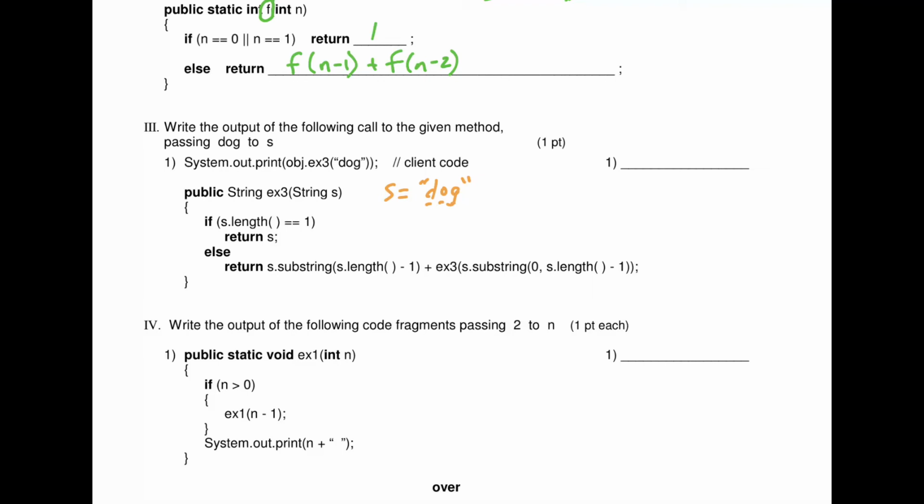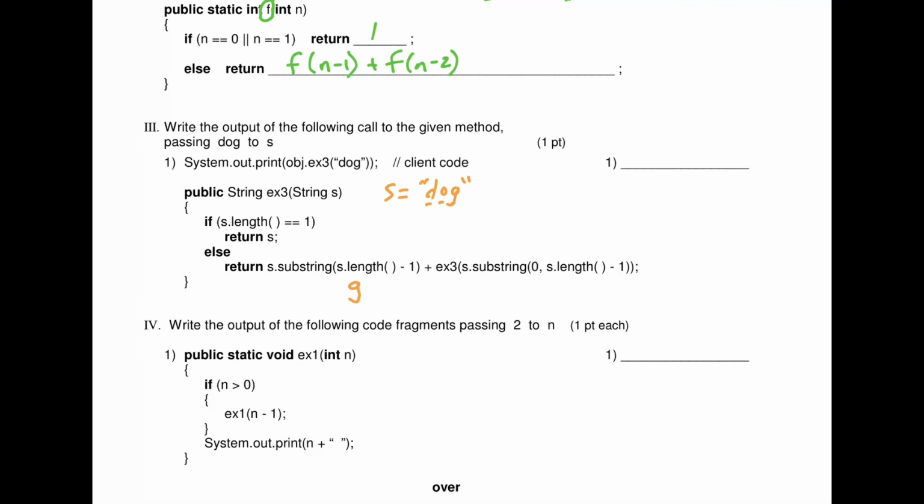So the length is going to be 3. So 3 minus 1 would be 2. Plus the substring of 0 to s.length minus 1. So this first part is going to return the g, right? s.length minus 1, so that would be 2, and that would continue through the rest of the word, but that is obviously the last letter of the word.